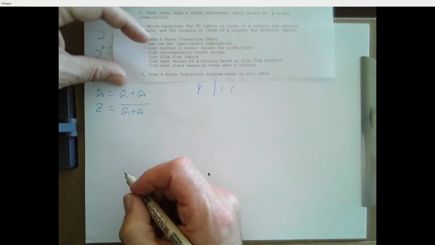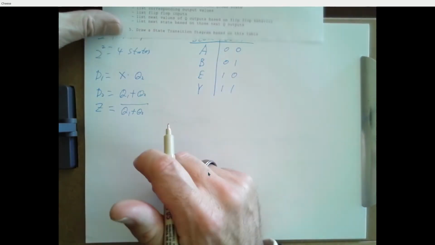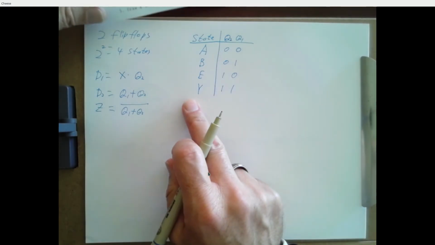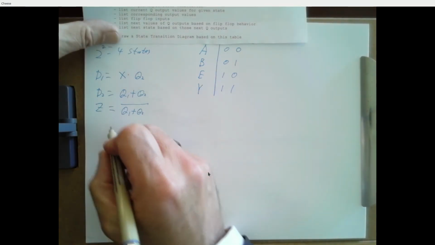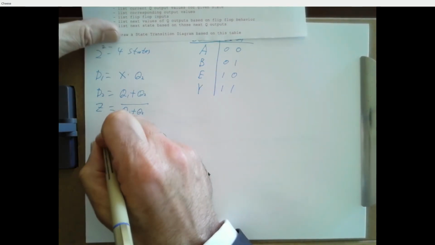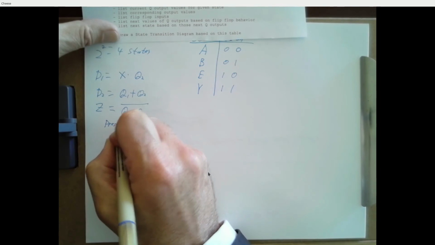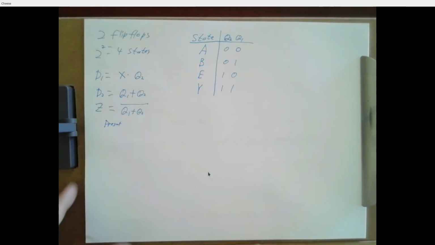Okay, so we want 1 row per input and state combination. Well, we have 4 states and we have 1 input, so how many rows? 8 rows, right? So present state, I should probably start on a bigger sheet of paper.